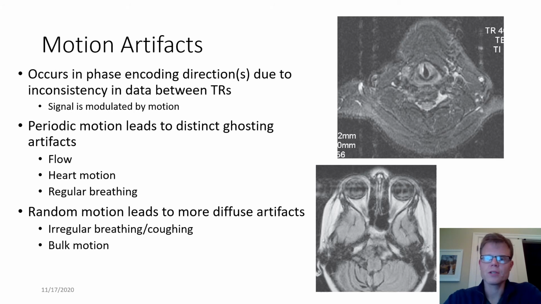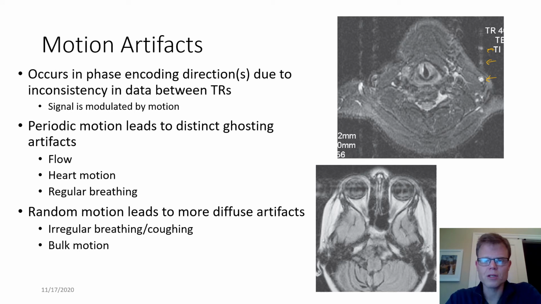These two examples show this nicely. On the top example, this is an axial slice in the neck. For example, a couple of these bright features are blood vessels. And you see these little ghosts, repeated bits of this blood vessel over here. So this would be a periodic artifact that leads to what we're going to call ghosts.